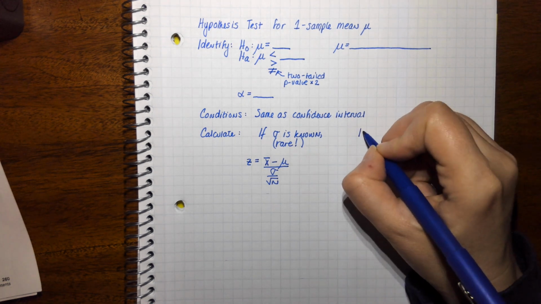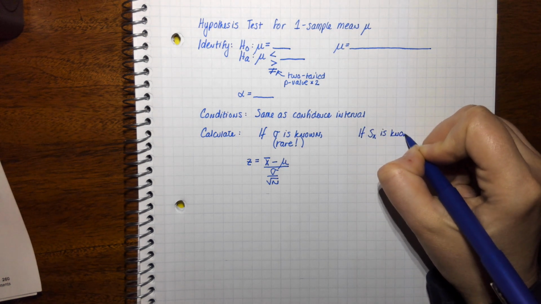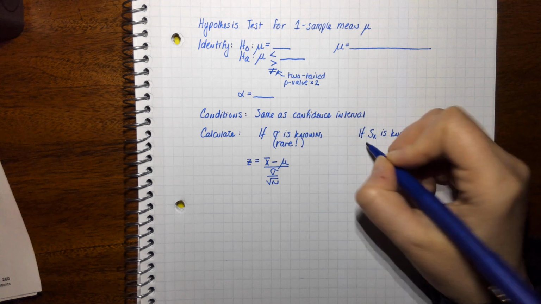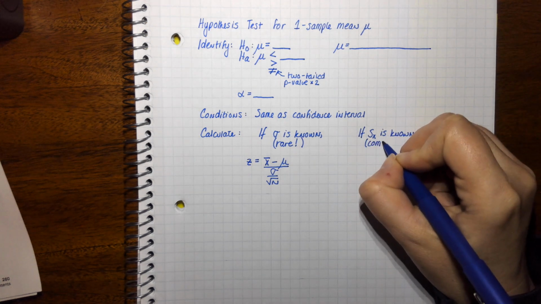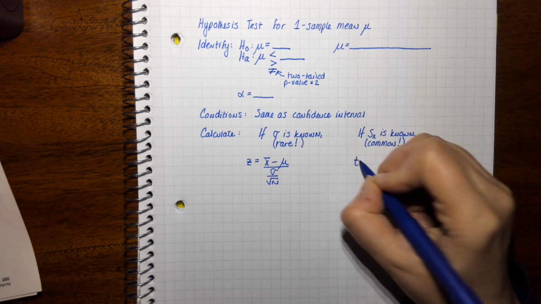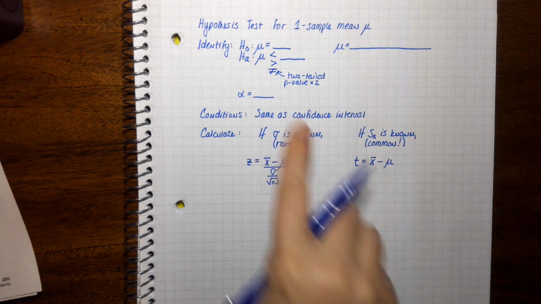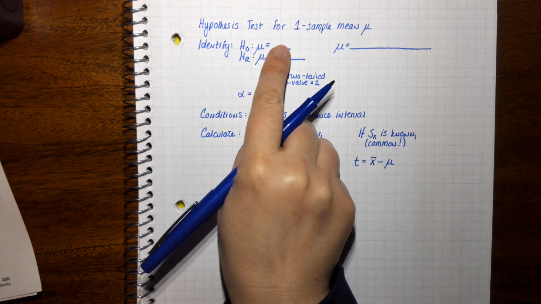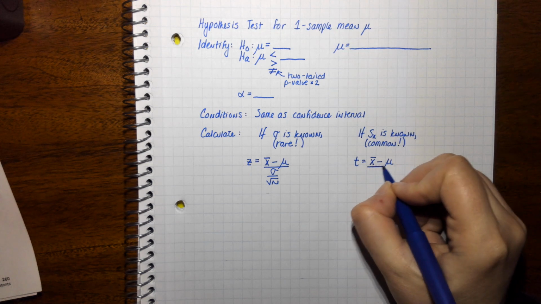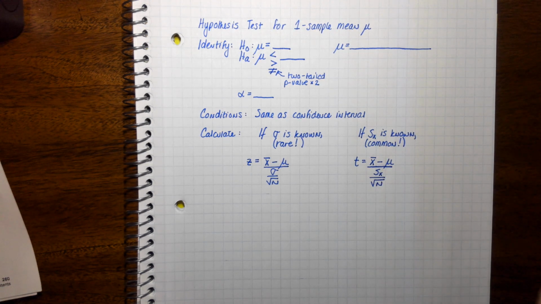Again, 99.9% of the time you are going to have the sample standard deviation, and you will use t. The top is the same, still your sample mean minus the parameter. Remember, the parameter is just this number right here, just plug it in. Sample standard deviation divided by the square root of n.